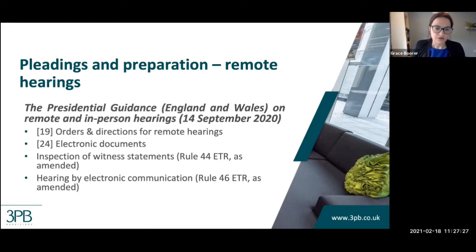So the tribunal rules clearly set out that the key is that everyone can hear what the tribunal is hearing, and then seeing the witnesses is only insofar as practicable. So recognising sometimes the difficulties with video software.